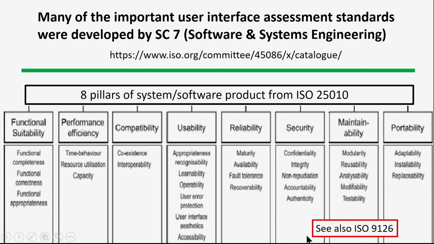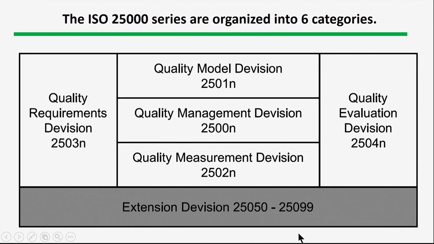And I also want to highlight that there are related materials in ISO 9126. So with that, I want to focus on a subset of the documents that are relevant, in particular those, there's the so-called ISO 2500 series. And they are partitioned into 6 categories, one having to do with requirements. And I should note that 2500 is the main number.